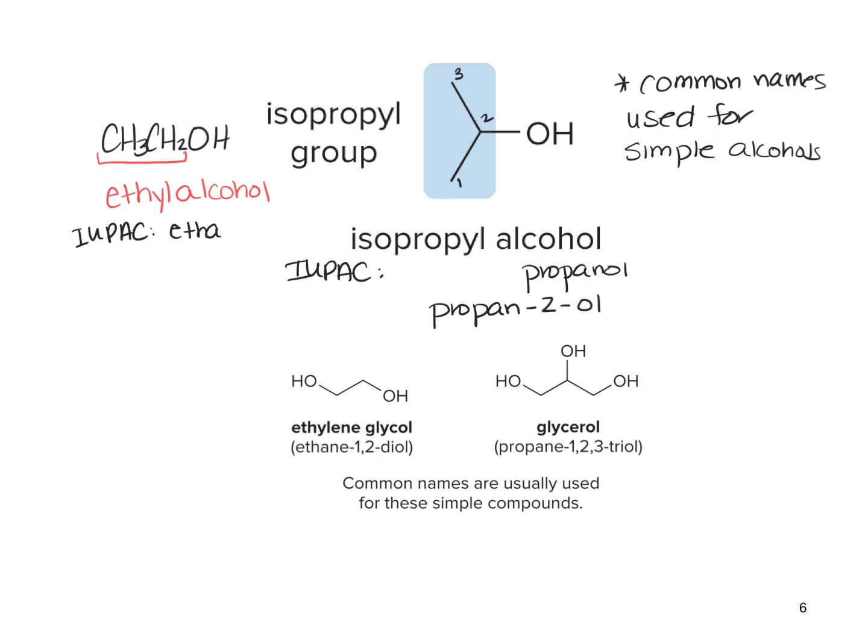IUPAC just calls CH3CH2OH ethanol because it's understood that if the alcohol group is attached to the first carbon or the second carbon, it's the same molecule. Because there's only one real place the alcohol can be attached, we don't use a number. Same thing with methyl alcohol, or methanol. There's only one place the alcohol can be, and so we don't say where it is. We just say, hey, this is methanol, and the common name is methyl alcohol.